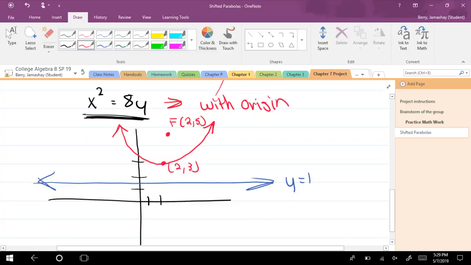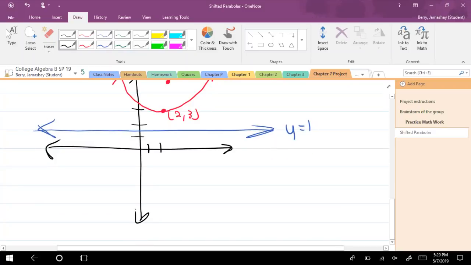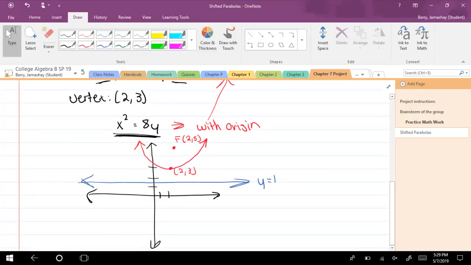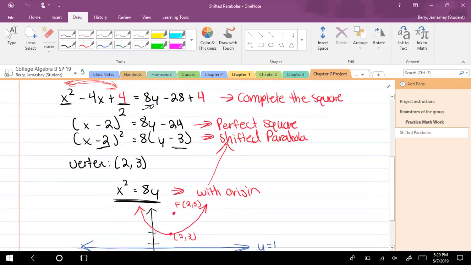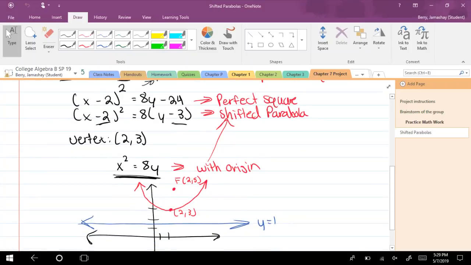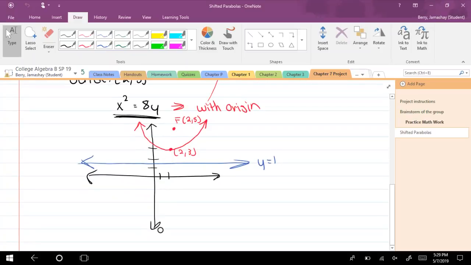And your foci would be the center of your point. Because of this equation, you have used completing the square, turned it into the perfect square, then a shifted parabola, and then graphed it.